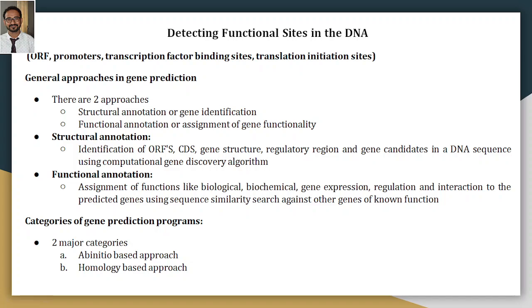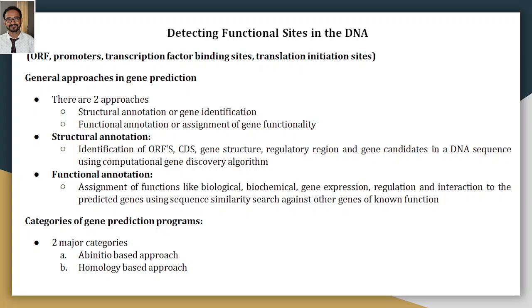So let's discuss the fifth module of Genomics, Proteomics and Bioinformatics. In this module we have three major topics. One speaks about detection of functional sites in DNA, that means with respect to ORFs, promoters, transcription factor binding sites, then translation initiation sites and all.